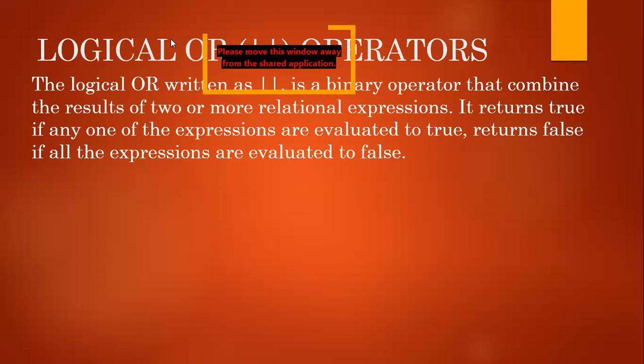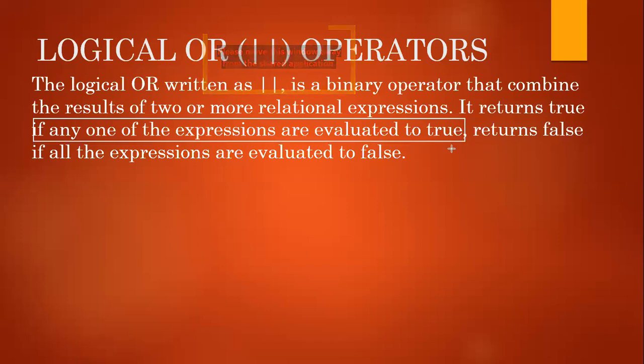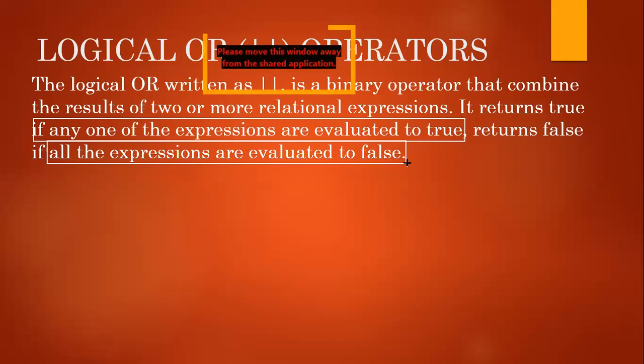It returns true if any, this is very interesting, if any one of the expressions evaluates to be true. So if any one is true, it results in true. And very interesting, you should remember when it returns false. It returns false only if all the expressions are evaluated to false.